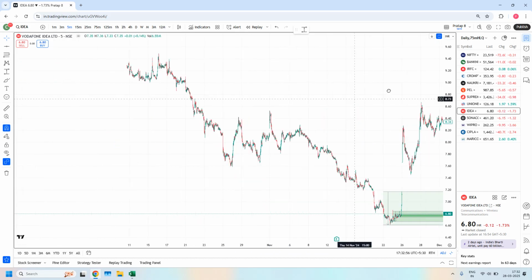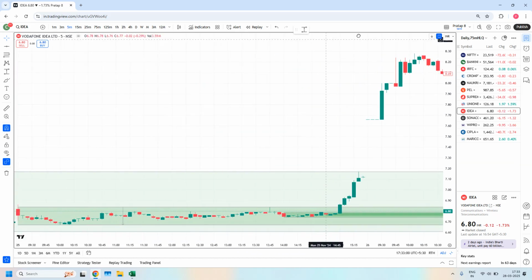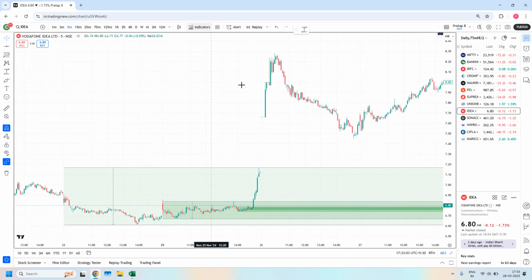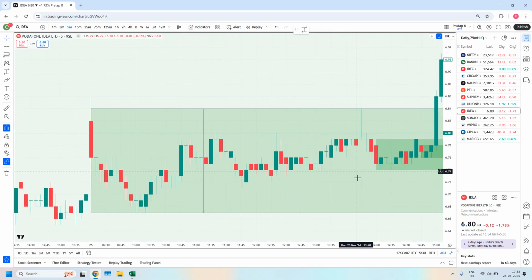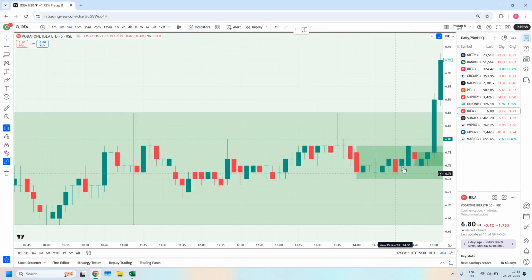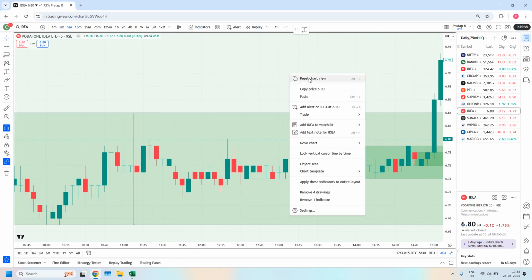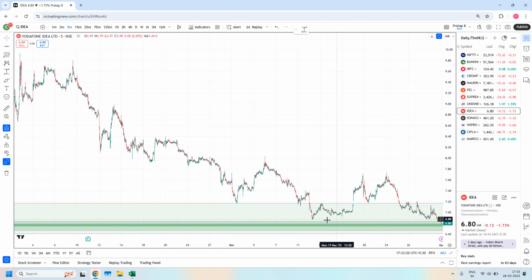We have drawn this fine-tuned 5-minute zone in Idea. Rally, 3 base candles and rally. This is the zone. Almost 1 month back we drew this zone. And finally today prices entered into this fine-tuned 5-minute area.